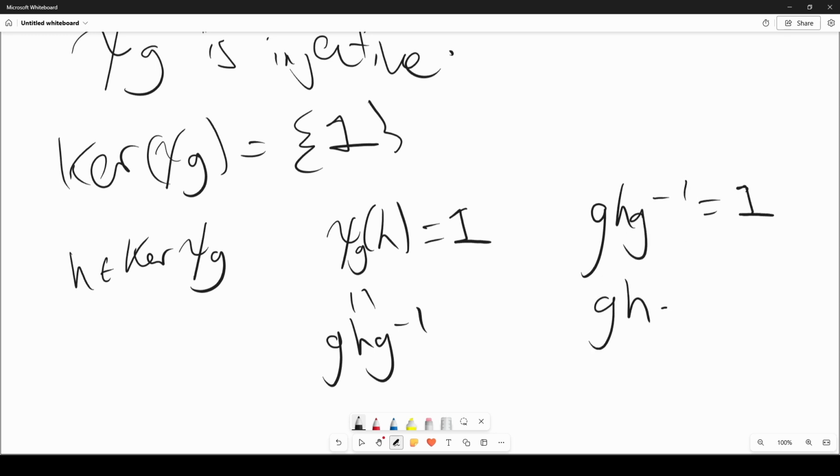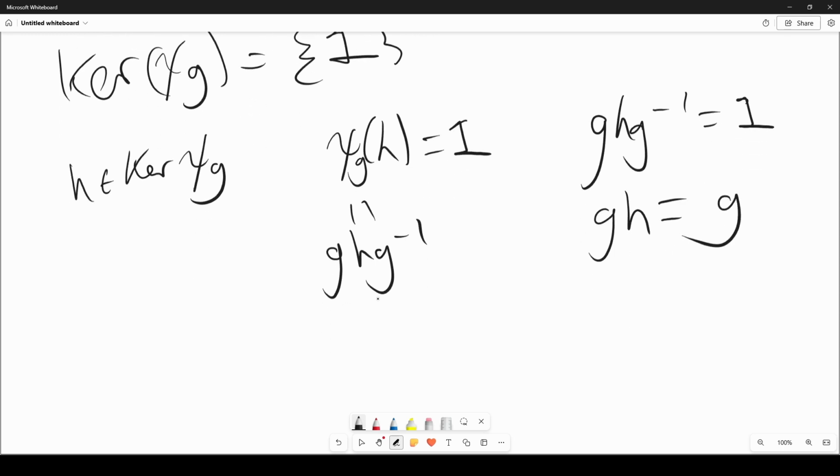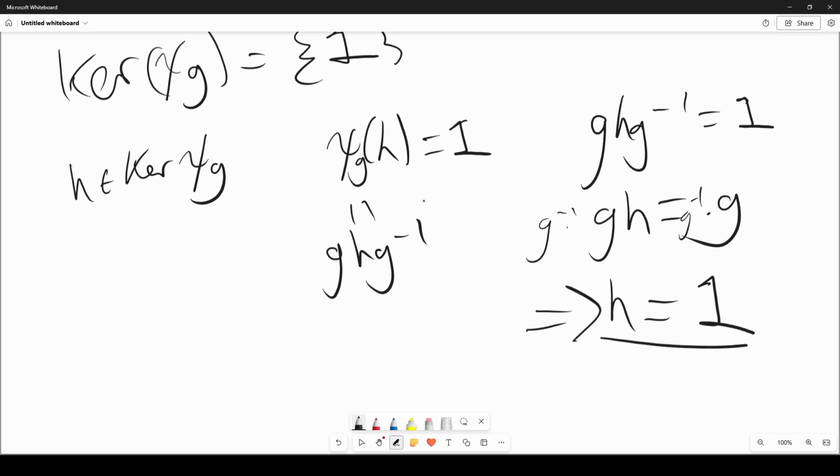So g h equals g. But if we left multiply by g inverse on both sides, we just get that h equals 1 as desired. So if h is in the kernel, h has to be 1.